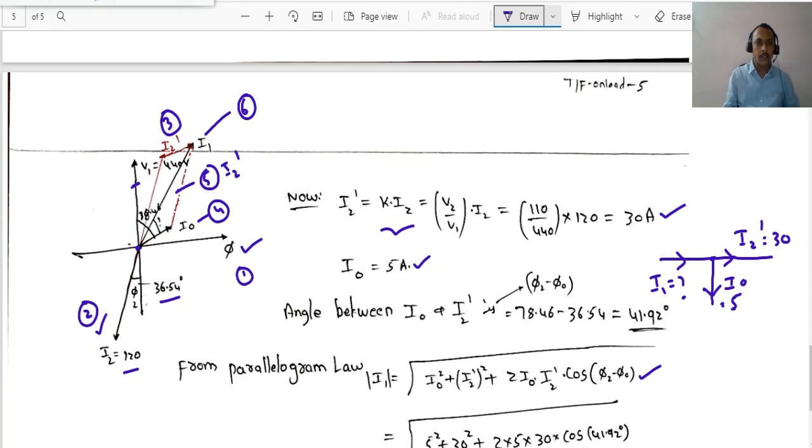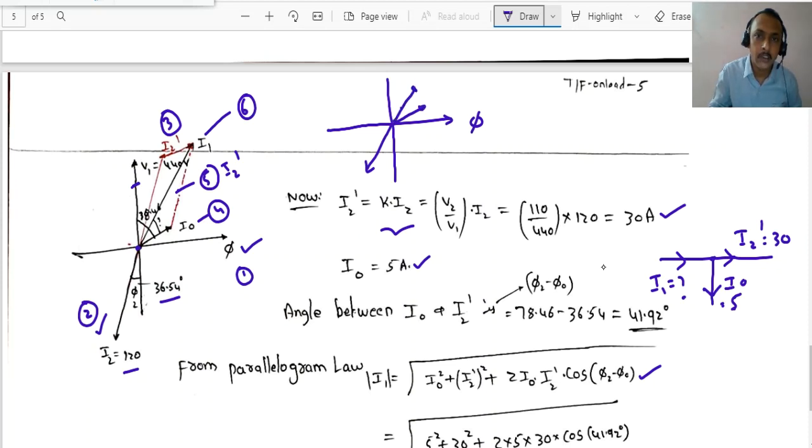That is how, step by step, simple dear students. First phi naught we will draw, and at some angle we will draw current I0, and I2 dash is anti-parallel. We draw a dotted line and join, and this is our I1 current, this is the voltage V1, and this is I2.